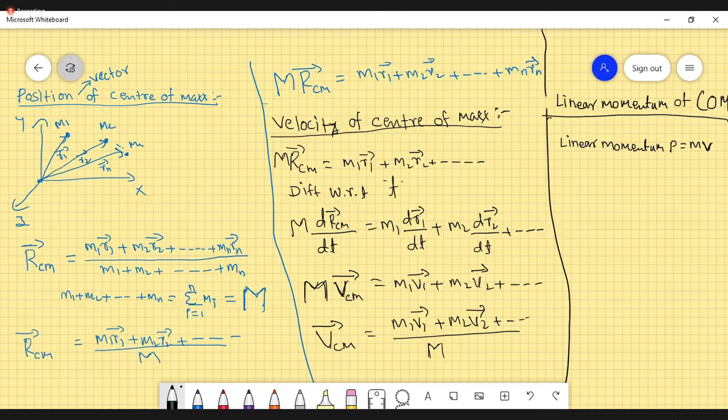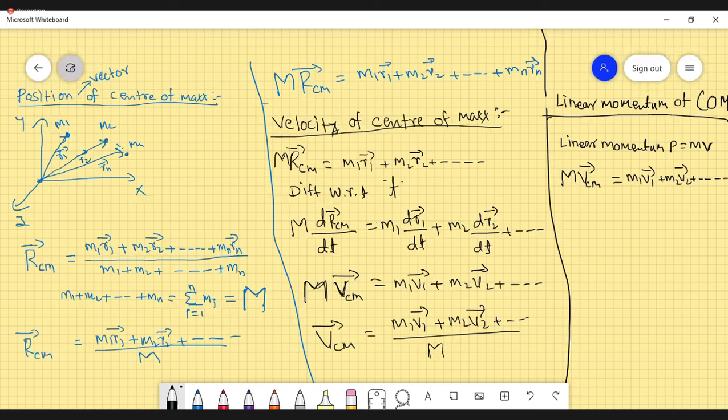Now consider the previous equation: the velocity of the center of mass equals m1 v1 plus m2 v2 and so on, divided by M. From this, M into V_CM, with total mass, equals m1 v1 plus m2 v2 plus and so on.